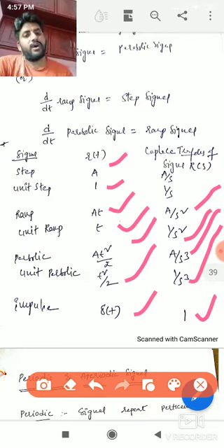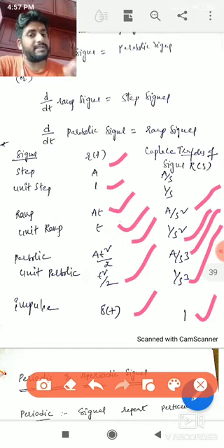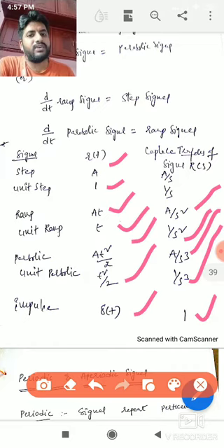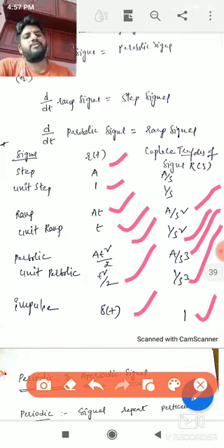That's why you apply an impulse signal. Laplace transform of output by Laplace transform of input is my transfer function, right? Laplace transform of output you don't know. Laplace transform of input, whatever input you are applying, if you apply an impulse signal is 1. So transfer function is equal to Laplace transform of output.